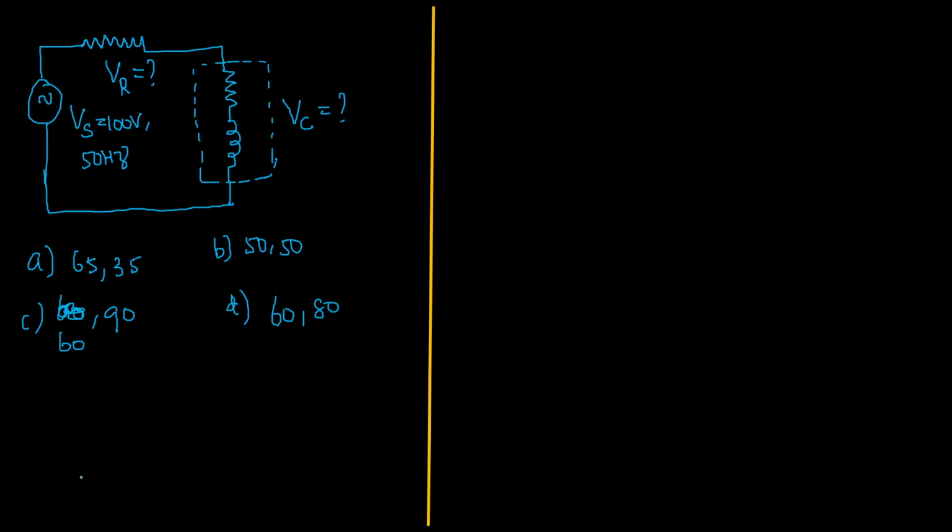what did they ask in the question? They asked for VR and VC. True, definitely true. Fine, we are in AC analysis, right? Though VC is the total coil voltage, how will you write VC? It can be written as, inside this coil we have two parts, one is the real part, another is the imaginary part.